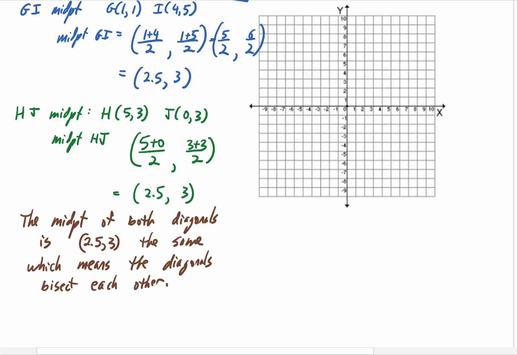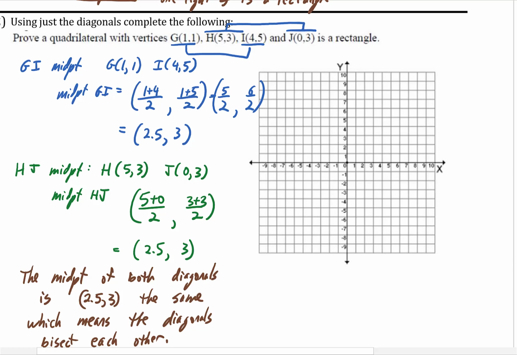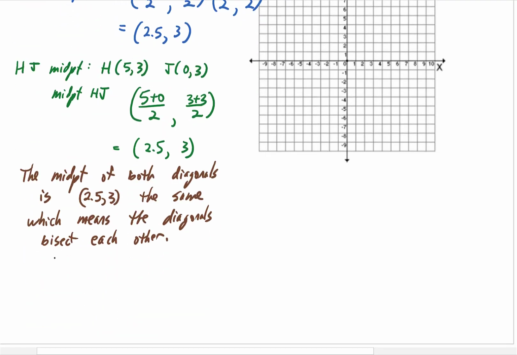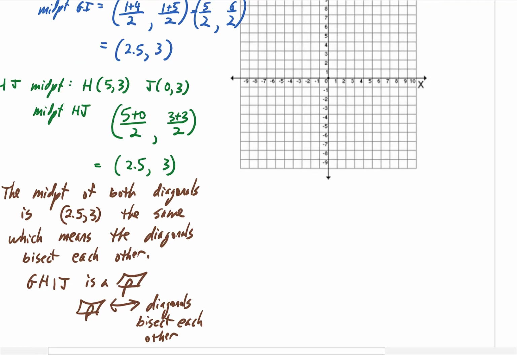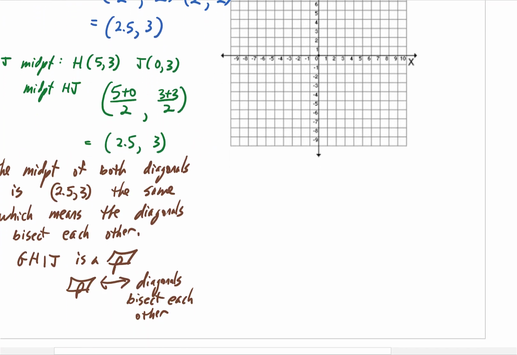Okay, so we can say GHIJ is a parallelogram because a quad is a parallelogram if and only if diagonals bisect each other.